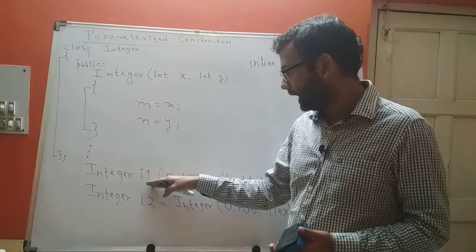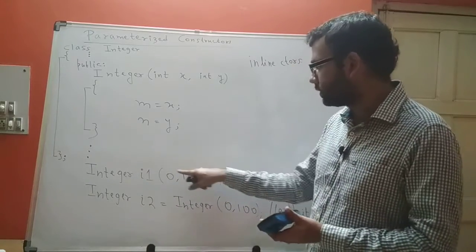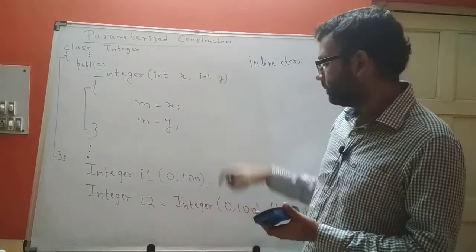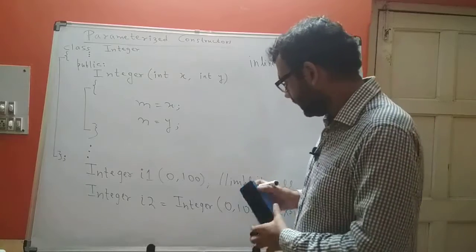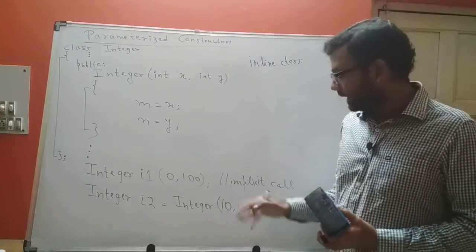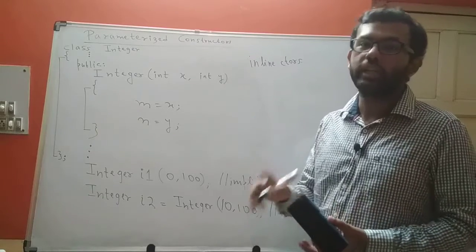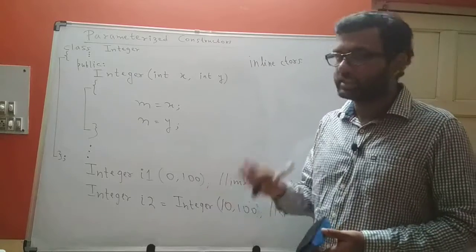So I'm creating an object I1, and in the first case I'm passing 0 and 100. So 0 will be passed to X and 100 will be passed to Y. Now when I'm creating another object I2, let's say in place of passing 0 and 100, I can pass 10 and 100. So I can play around with the values. It's not that all objects will have the same values for all data members at all times. Here, different objects can have different values or the same values.